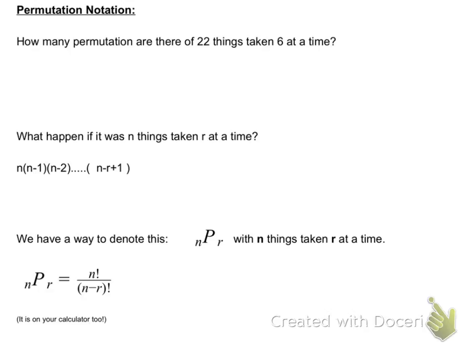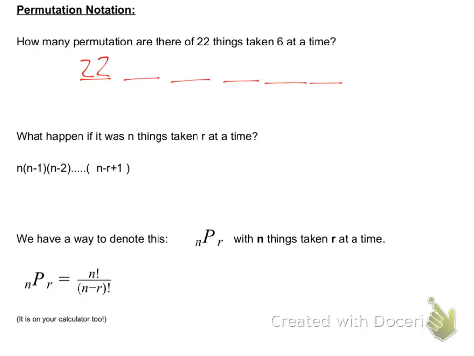How this works is that I am going to write down 6 spaces that will represent the thing that I'm taking. And each space has how many people you can choose from, or things. The first one is 22, because there are 22 things originally there.